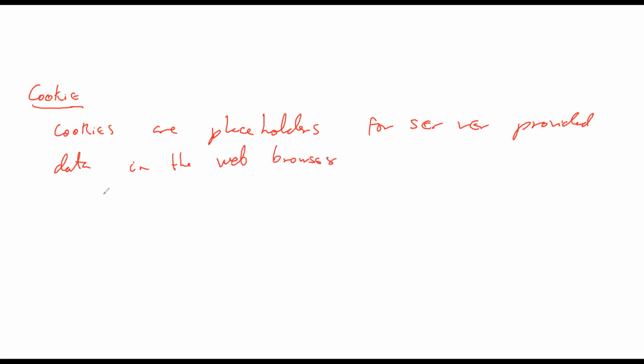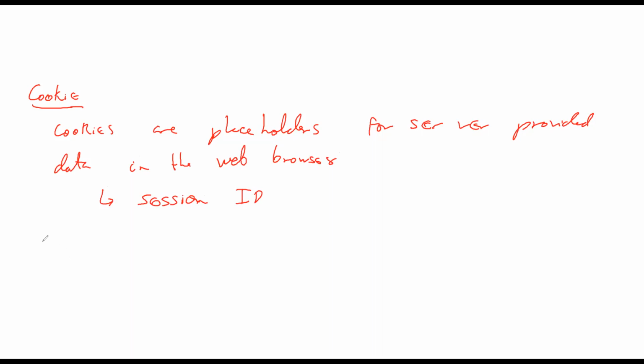And the best example of this would be the session ID, especially when you authenticate and you're logged in. You have that session ID, and that allows the server to know who you are, for instance. So a cookie is a key value pair.